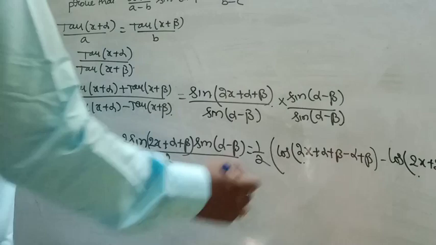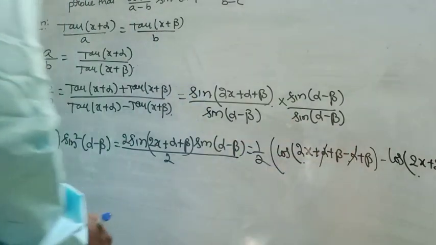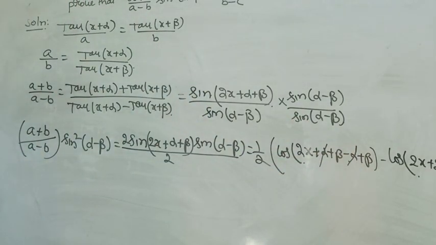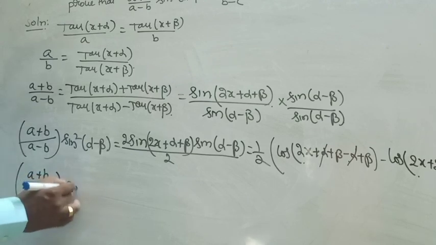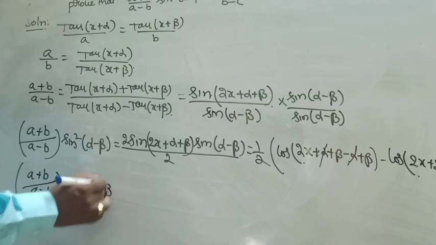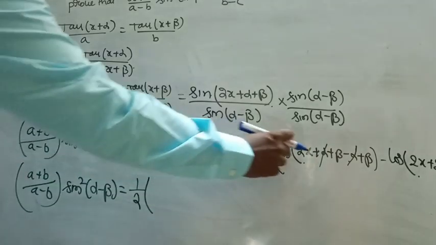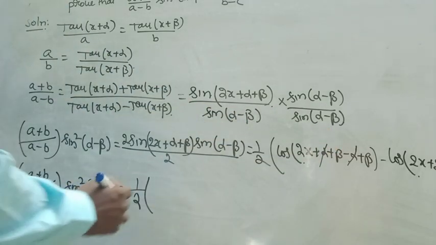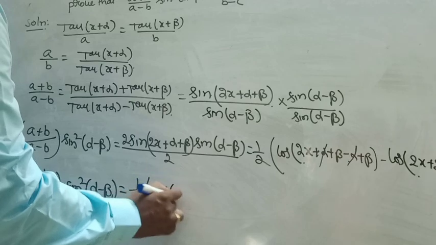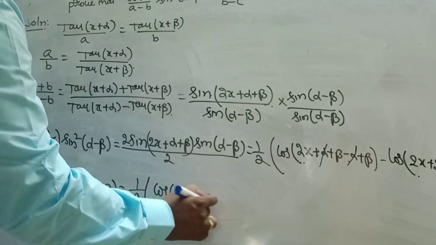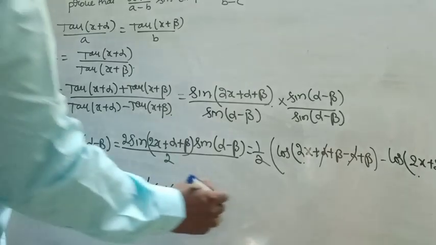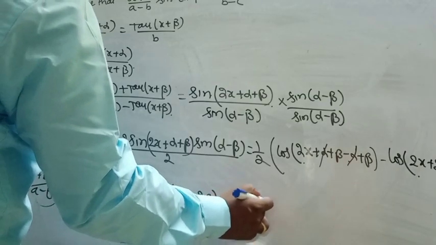Wonderful. Here you see plus alpha minus alpha will be cancelled. And the result we are going to get out of this is A plus B by A minus B into sine square alpha minus beta, which is equal to 1 by 2 into cos 2x plus 2 beta minus cos 2x plus 2 alpha.